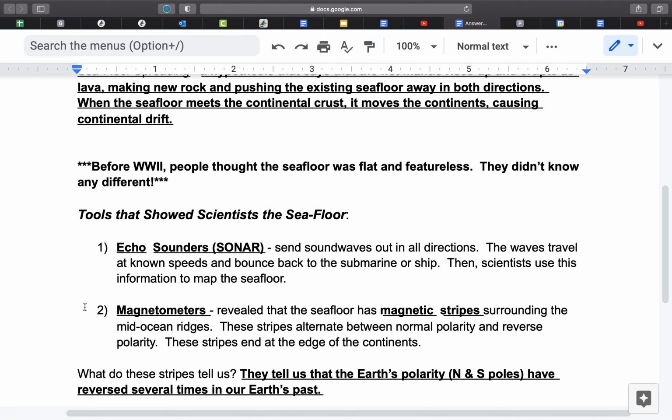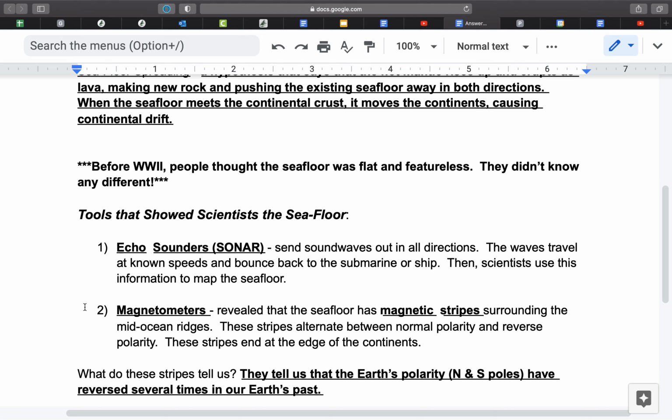alternating magnetic stripes on either side of these mid-ocean ridges, and they determined that those magnetic stripes showed up that way because Earth's magnetic field, what we call magnetic north and magnetic south, over thousands and thousands of years, switches.